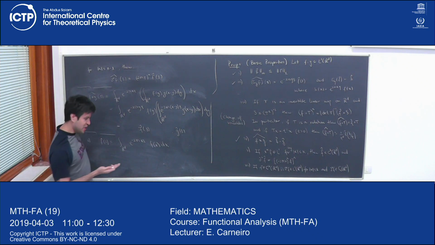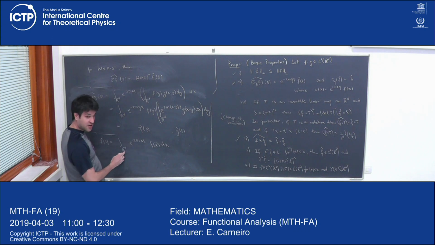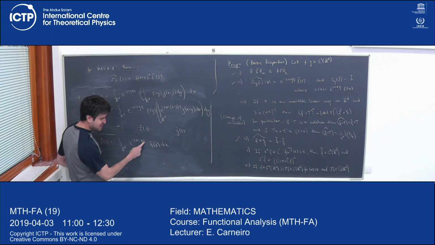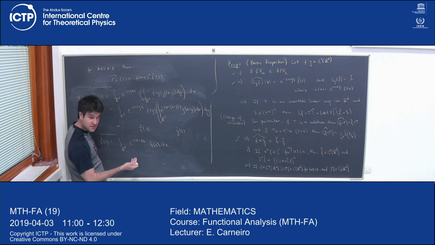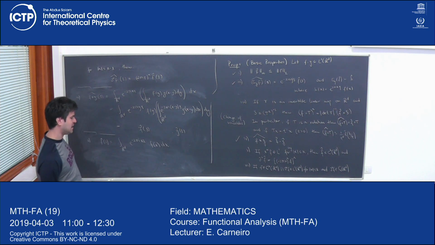Maybe I should have said that, but I hope it's clear from the context that x is a vector in Rd, and of course my function is a function in Rd. So f starts in L1 of Rd, and I map into another function of d variables. X times ξ is, of course, here the inner product in Rd, okay?